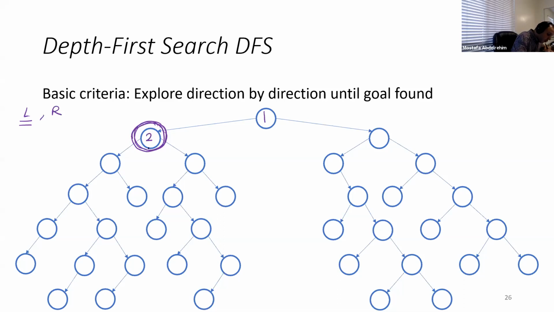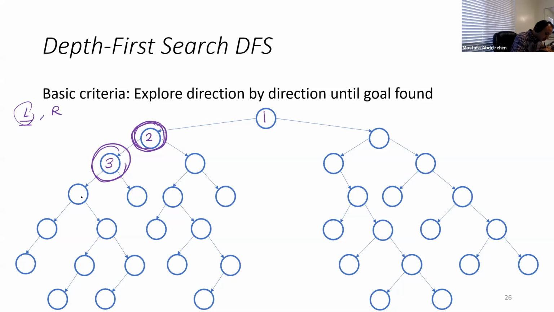Then from 2 we continue. 2 also has two neighbors or two children, like a tree here. Again, we're going to go with the left first. So 3, and we leave this. This is now the node in hand. Let's explore it.